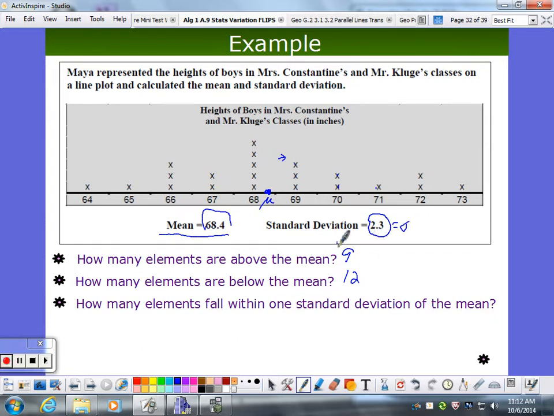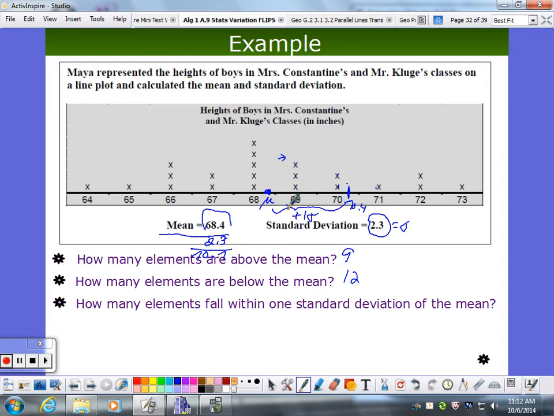So what do they mean within one standard deviation? It means 2 to the right and 2 to the left. If you take 68.4 and add 2.3 to it, what do you get? That's a 70.7. So over here, that's if you add 1 standard deviation, you get here.